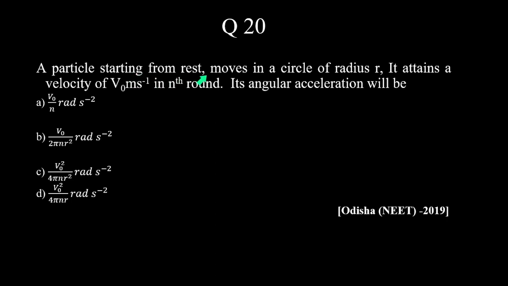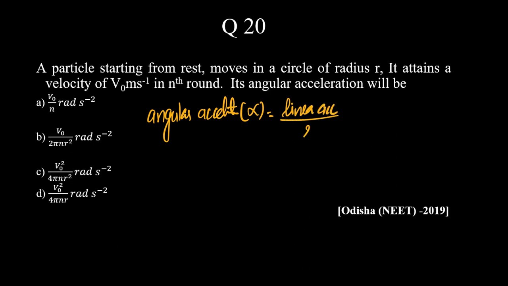A particle starting from rest moves in a circle of radius r. It attains a velocity of v0 meter per second in nth round. Its angular acceleration will be. See, the moment we say angular acceleration, we know angular acceleration alpha is nothing but linear acceleration a by r.